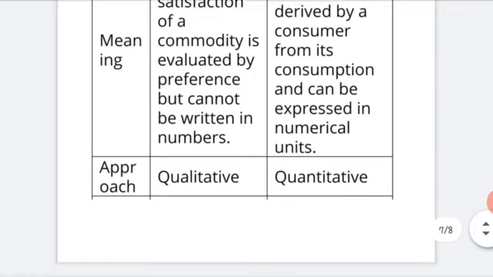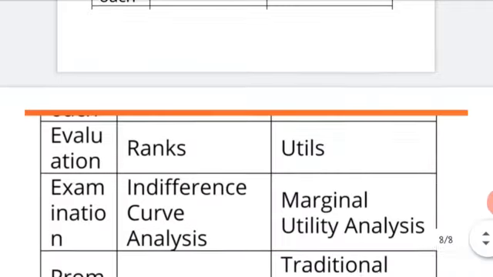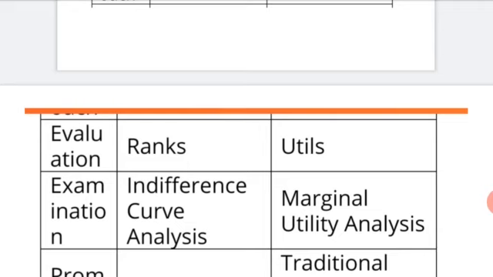The second one, approach. Ordinal throws light on qualitative concept. Cardinal throws light on quantitative concept. And evaluation: ordinal approach throws light on ranks, first, second, third, fourth, like this, and cardinal is expressed in terms of utils.